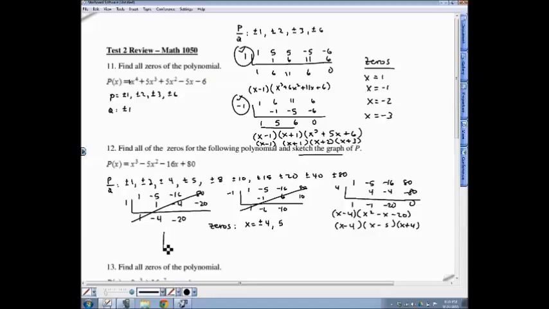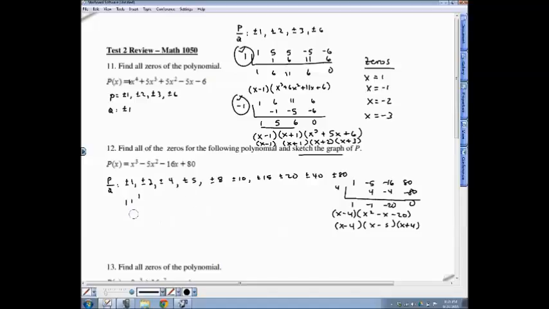Oh boy, so on a graph, let's see. I'm going to label the x and y axes slightly differently because we have a y-intercept of 80.